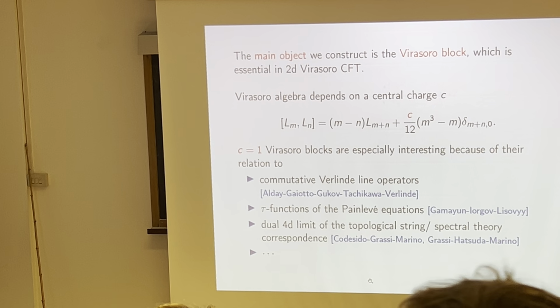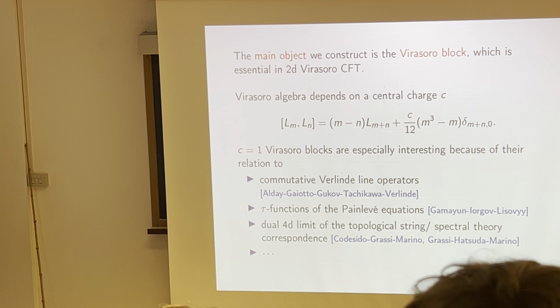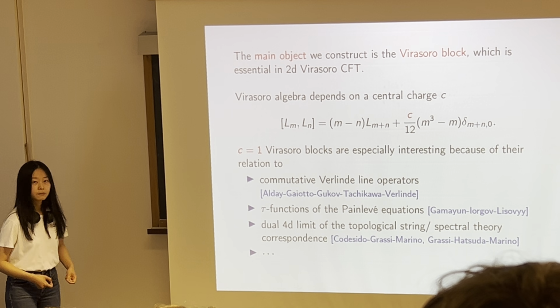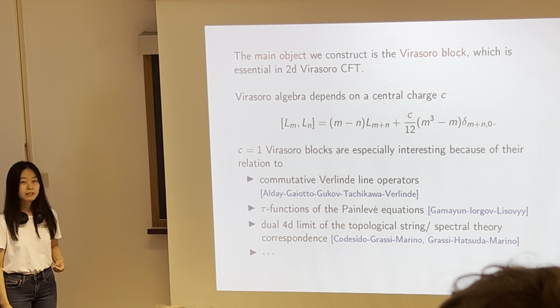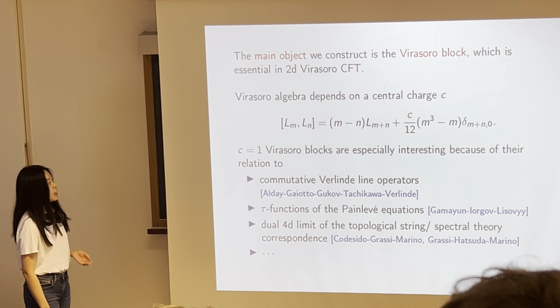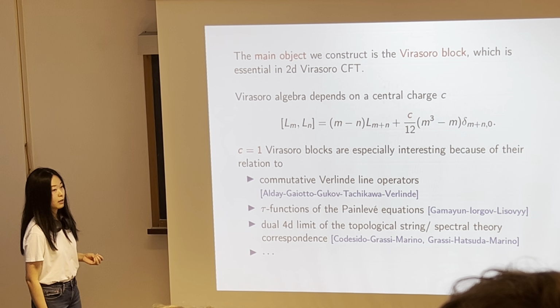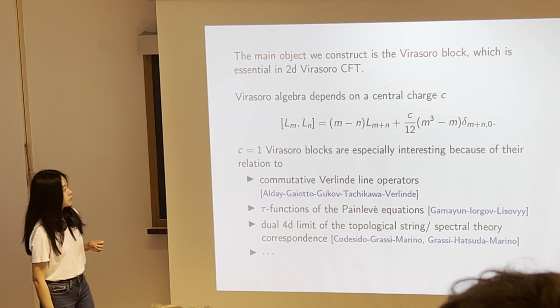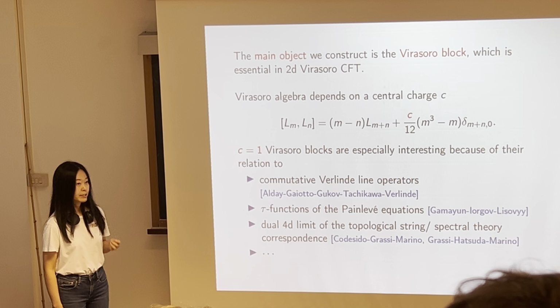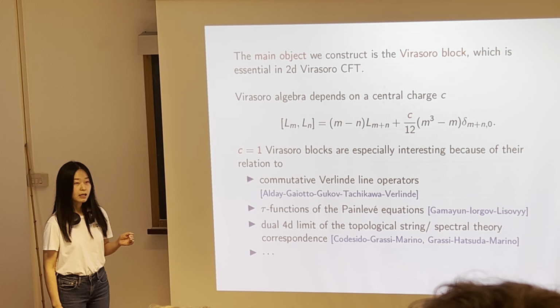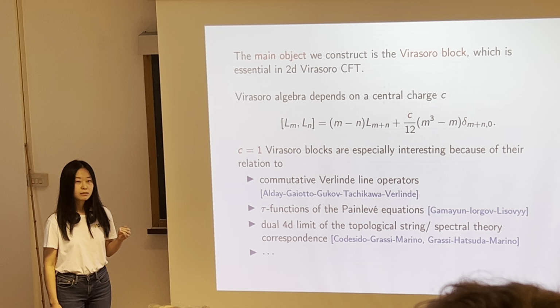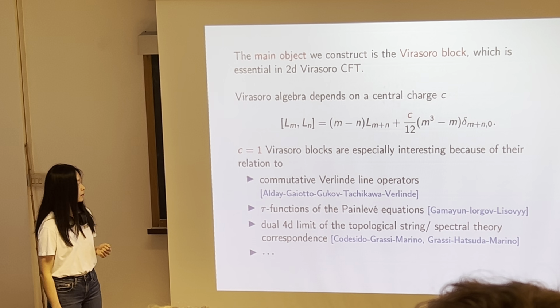Up to this point, I have been talking about some general background, and now I want to focus more on our work. The main object we study in our work is the Virasoro block. As we know, the Virasoro algebra depends on a central charge, and our work is focusing on the particular case where the central charge is just 1.